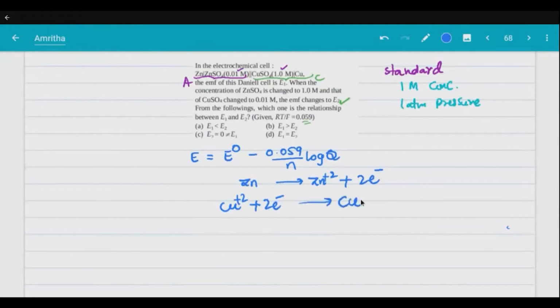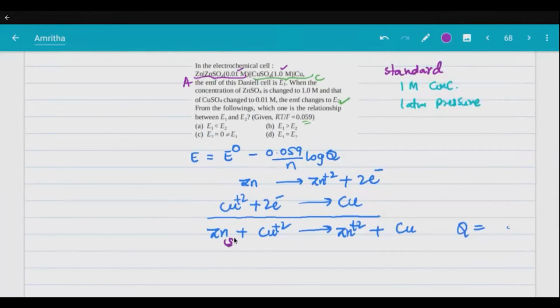This is reduction, and the overall reaction is Zn plus Cu+2 gives Zn+2 plus Cu. Zn is solid, copper is solid, so the reaction quotient is Zn+2 by Cu+2. Only aqueous solutions and gases must be taken while writing the reaction quotient.